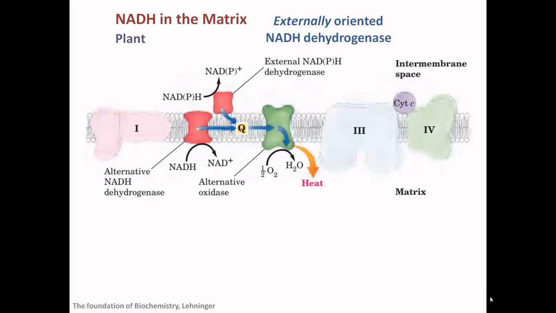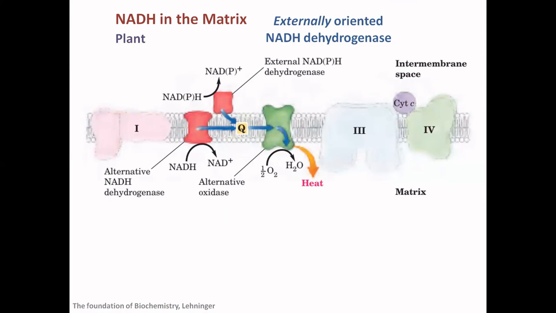Then in the case of the plant, the NADH dehydrogenase, that is complex one, is externally oriented. So in this case, you can see that NADPH is oxidized into NADP, and the electron is released, used in reducing the quinone to form the quinol.